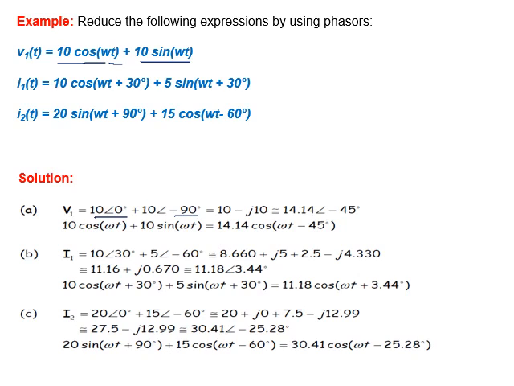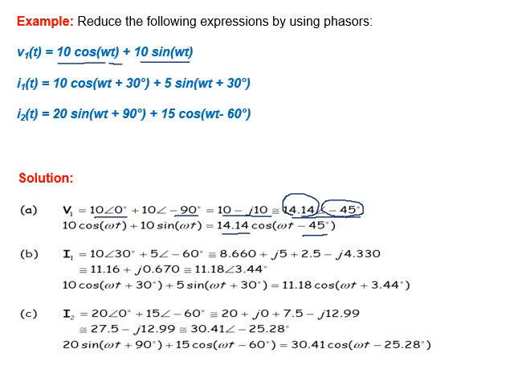If we want to add them, we need to convert into Cartesian and then do the math. You see here, this is the resultant in phasor. Returning back to time domain, we say that the maximum is 14.14 cosine omega t minus 45, this is the angle.